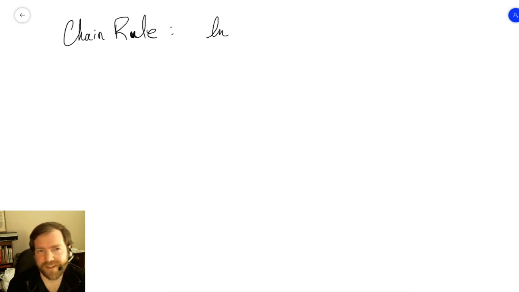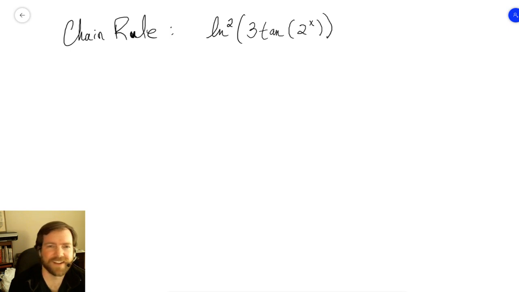So if we want to do ln squared of 3 tangent of, gosh, I don't know, what other interesting functions could we do? 2 to the x. This might be insane. We'll see how it goes.